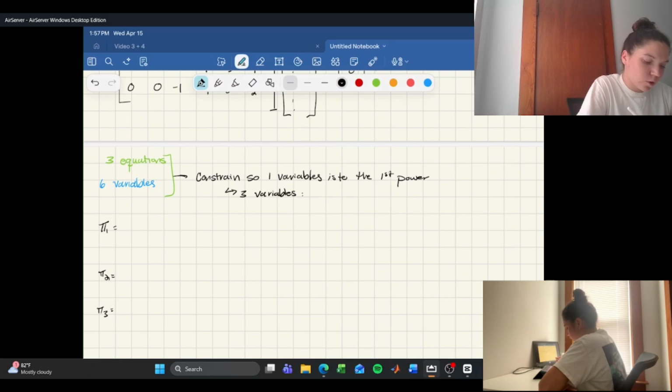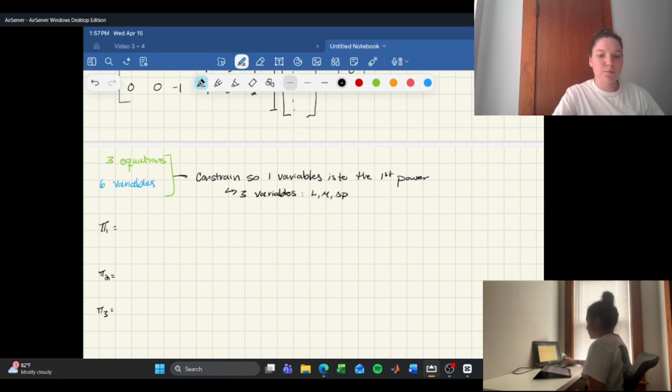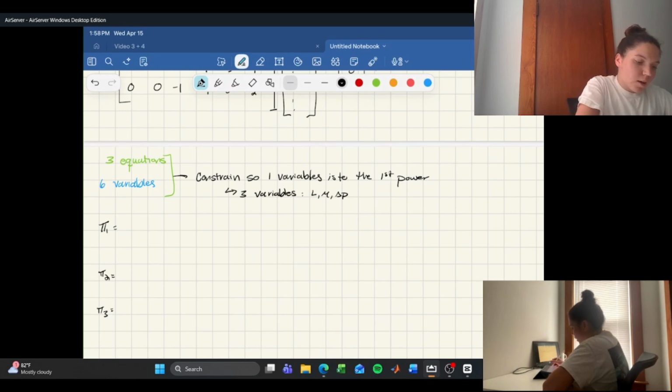So for this one, let's constrain the length, the viscosity, and the change in pressure. And then for these 2 variables, instead of raising it to the first power, I'm going to put it to the power of 0. That way we can actually solve for a dimensionless number at the end.